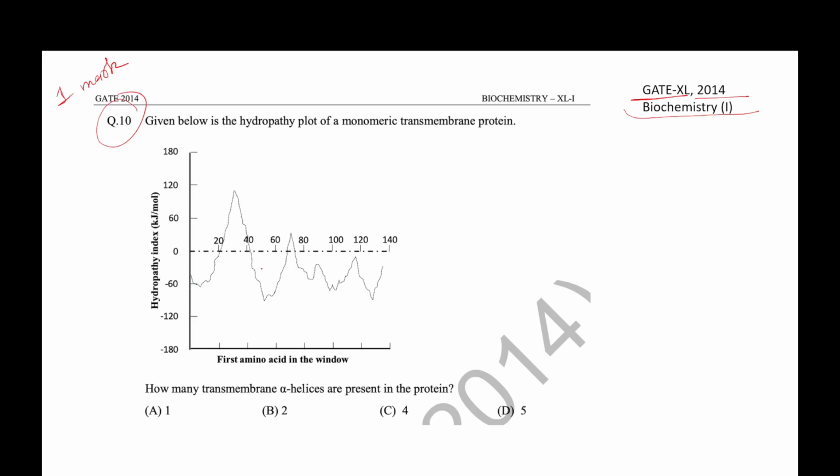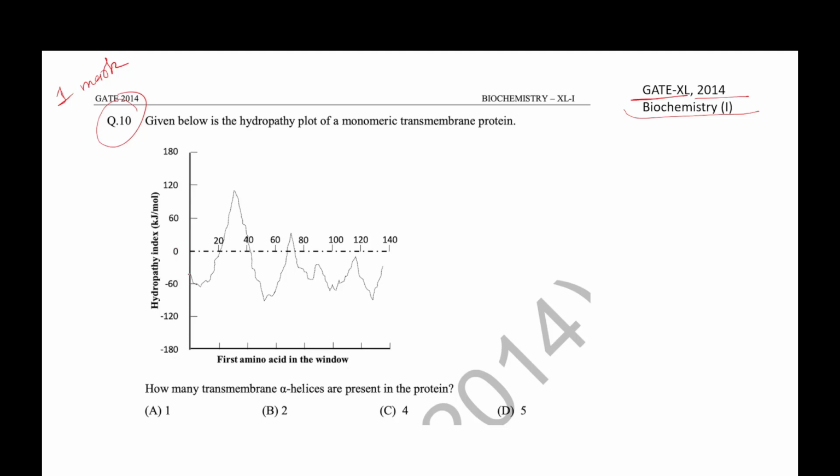So this graph represents, on the x-axis, the first amino acid in the window. Here this is a polypeptide chain entirely that has been plotted against the y-axis, which is showing the hydropathy index. If we see the y-axis, in between it is 0, above that are positive values, and below that are negative values.